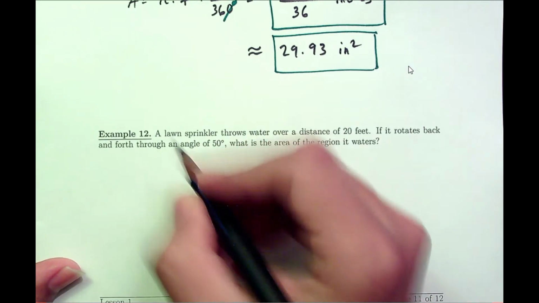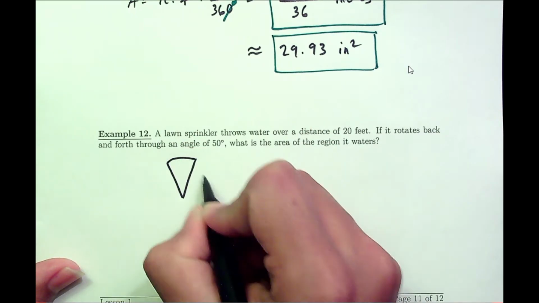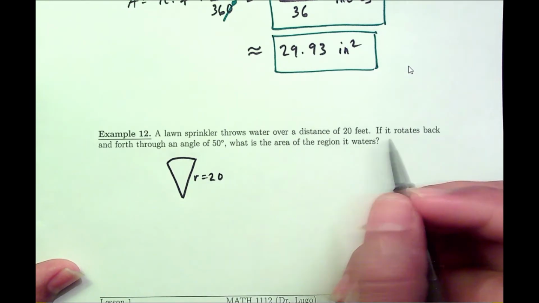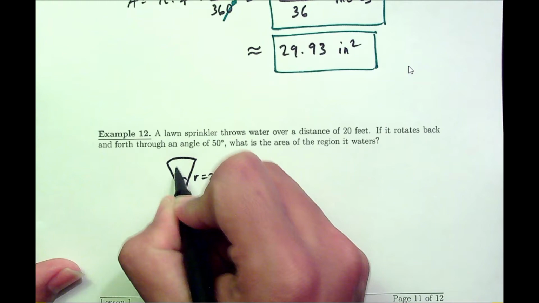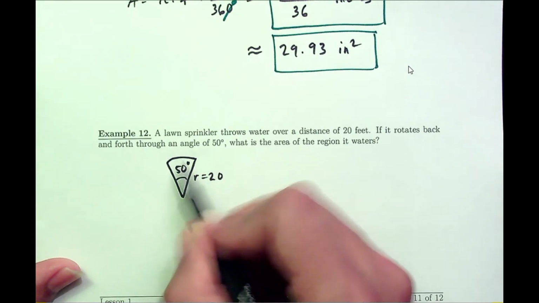Okay, so you can draw a little picture if you want. Not needed, but good. So the radius is 20 feet, right? And then the angle is 50 degrees. So what is the area of that?